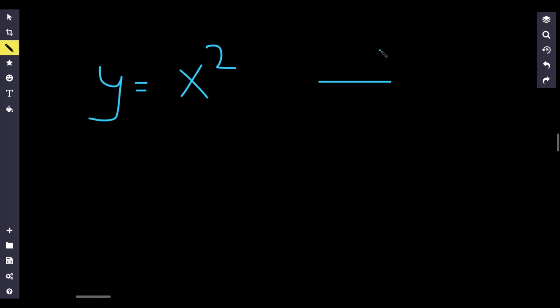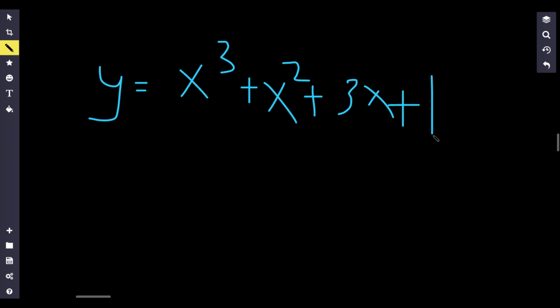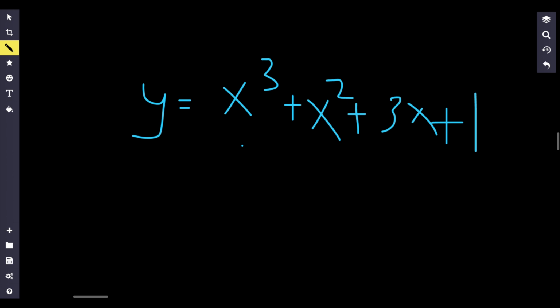Now, one thing you might be wondering is, if I have something like y is equal to x to the second power, I know what that looks like. But what if I have something like y is equal to x to the third power plus x to the second power plus 3x plus 1? How do I know what this looks like? The way to answer this is actually way simpler than you think.